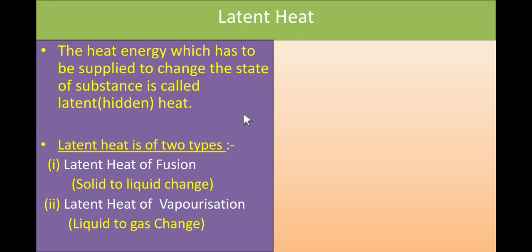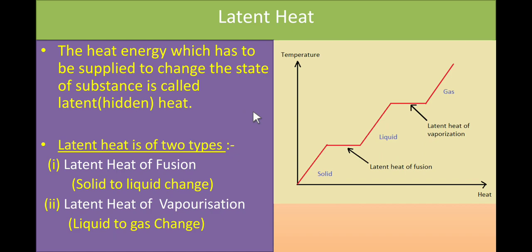Now I would try to explain with a graphical representation. See, here the heat is plotted along the x-axis and temperature along the y-axis. You know, when heat is supplied to a solid, its temperature will be rising.